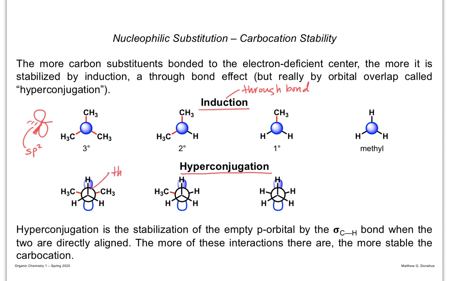This interaction is through space. So you can imagine that you have 1, 2, 3 methyl groups. They can each align with those lobes. So that's increased stabilization. As you remove each carbon group, then you go to hydrogen.